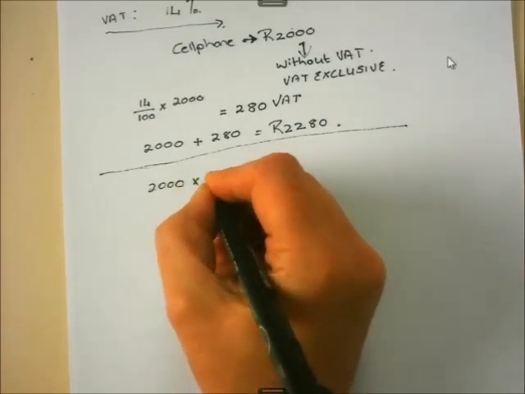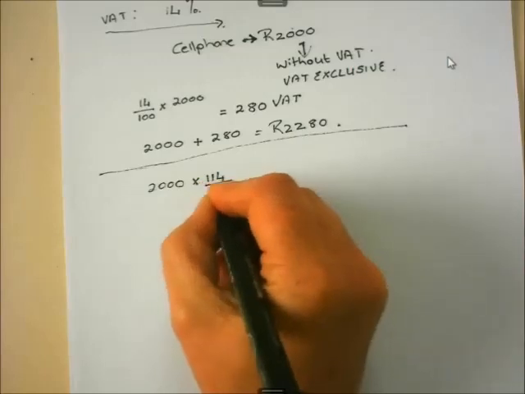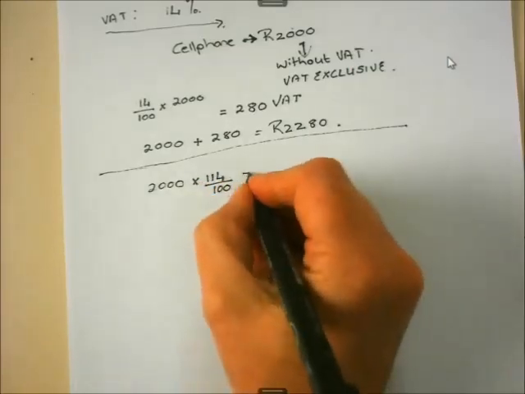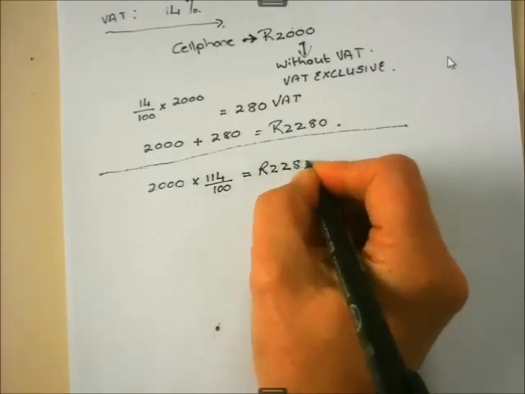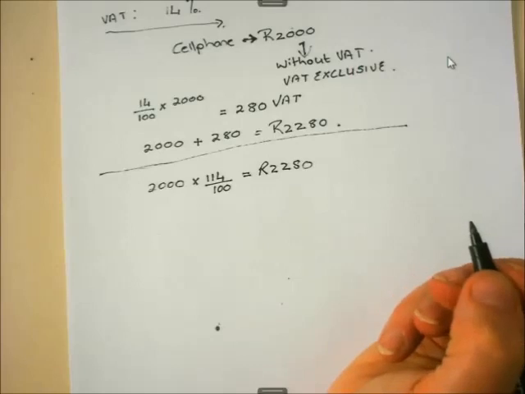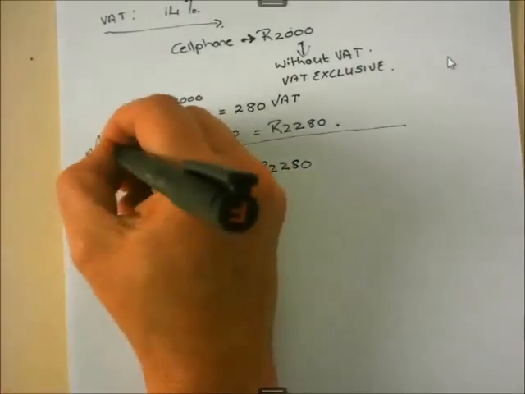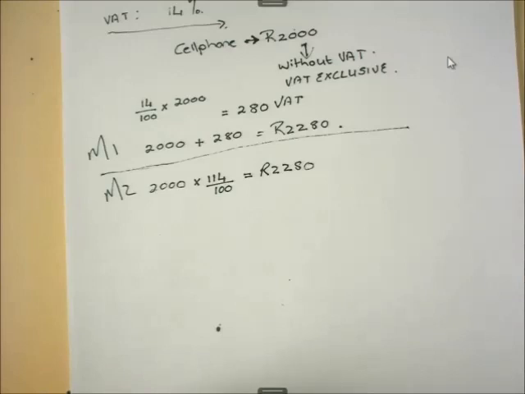You multiply 2,000 with 114 divide by 100. What will you get? You will get immediately the answer of 2,280. Check me. Okay? This is method 1. This is method 2. It's just two different methods of working out something, working out the VAT on an item.